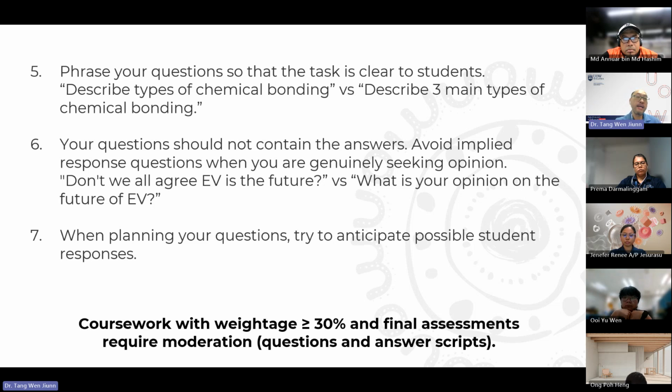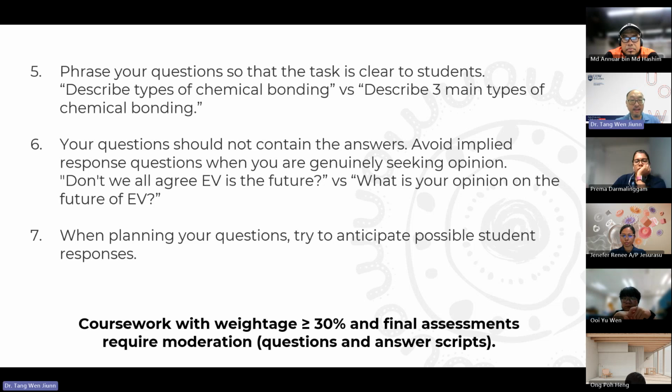Or if it is an opinion-based question, what will be the possible answers given by the students? All these things you have to try to anticipate, so that you can expect certain kinds of answers, and you can put this in your answer scheme.